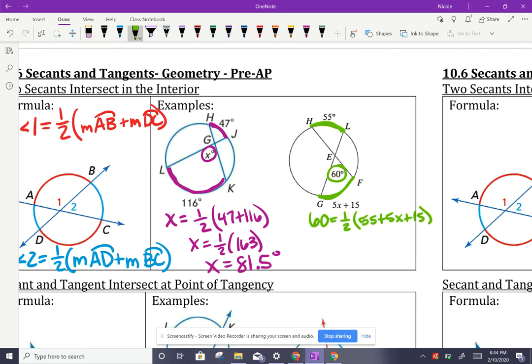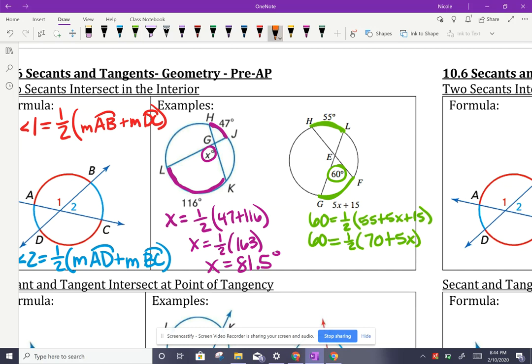And you get 1/2 times 70 plus 5x equals 60. Now, what can I do with that 1/2? I can multiply it through, or how can I move it to the other side, guys?